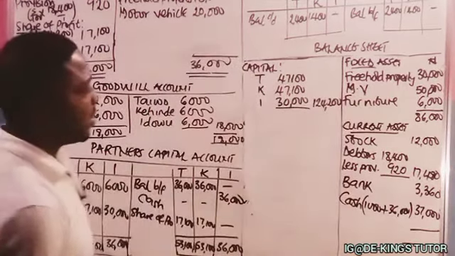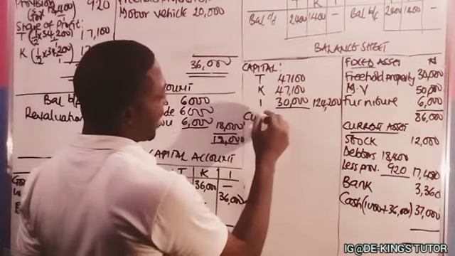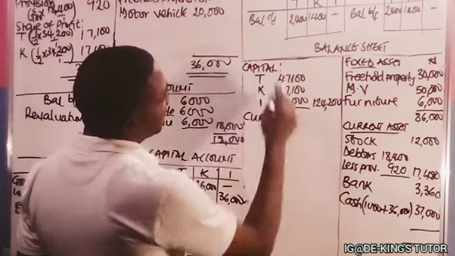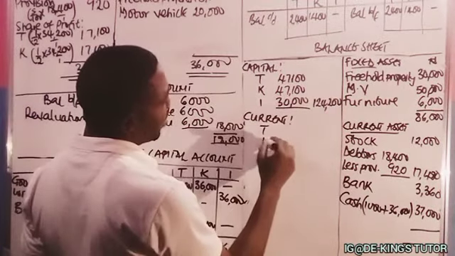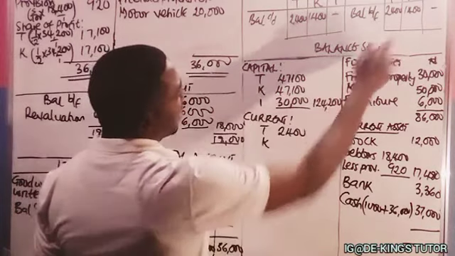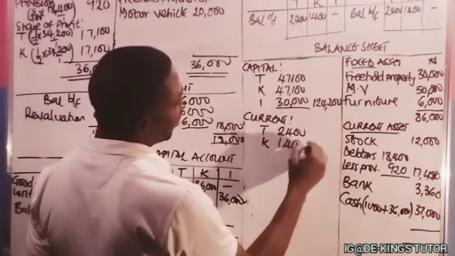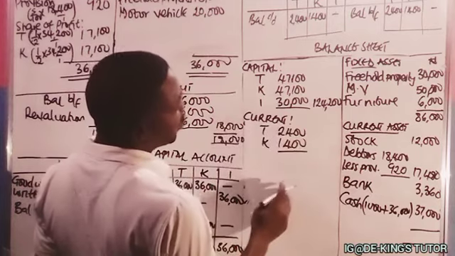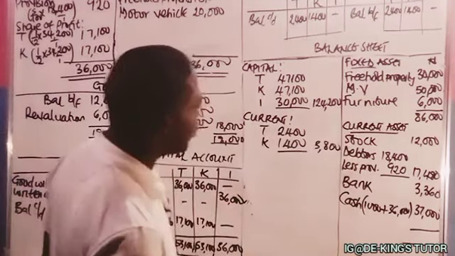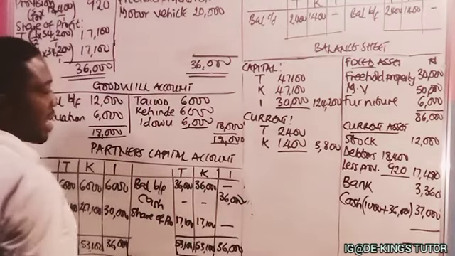That's the capital. I'll also come to the current account. The current accounts are for just Taiwo and Kehinde. So Taiwo is 2,400, Kehinde is 1,400. So 2,400 plus 1,400 will give us 3,800. So that's for the current account.